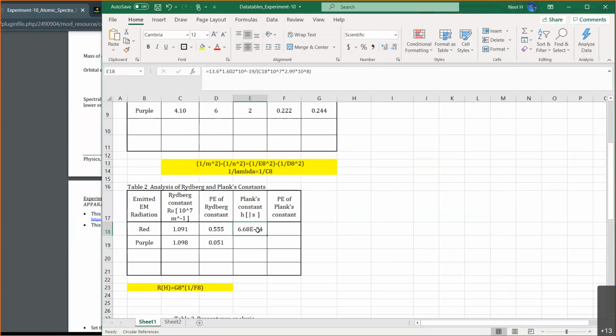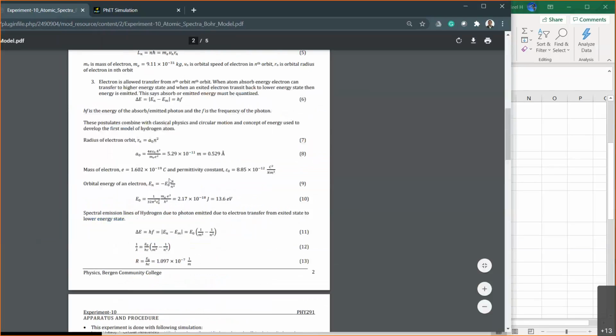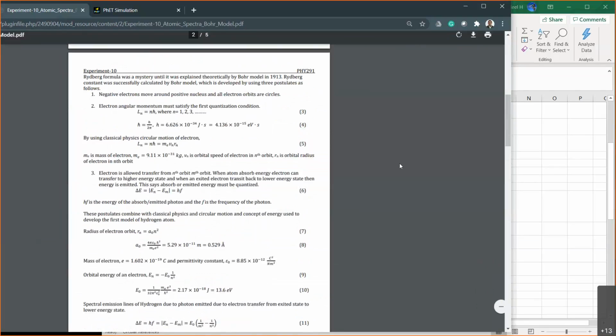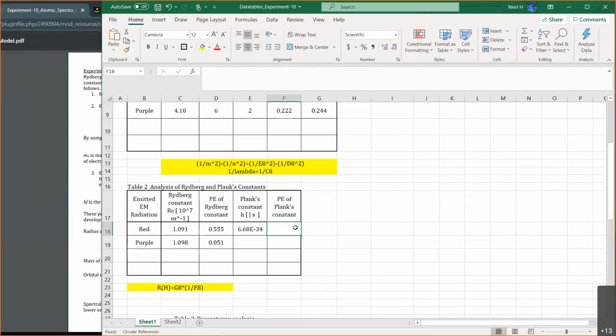What's the expected value there? What's the Planck constant we are expecting? That should be 6.626 times 10 to the negative 34 in SI units, right? So let's compare this.